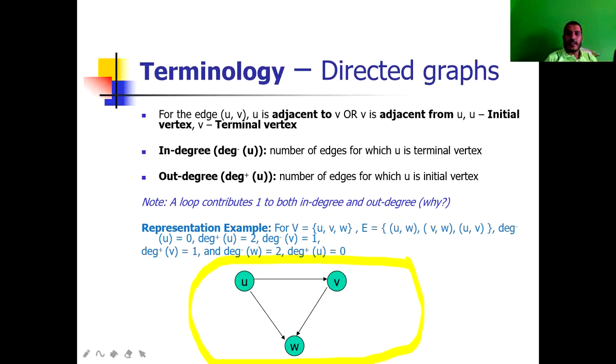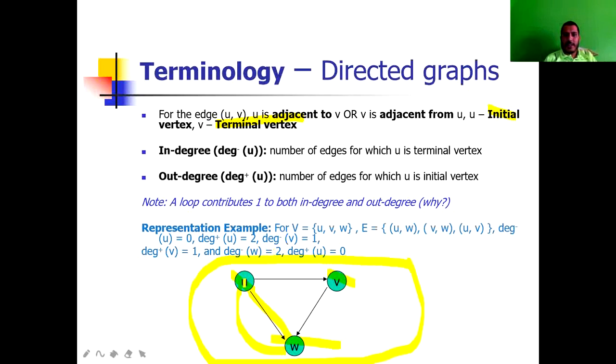We have adjacent vertices, but we also have incidence on U and V. How is it incident?